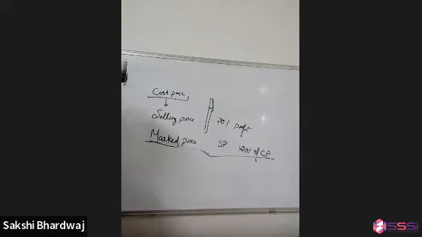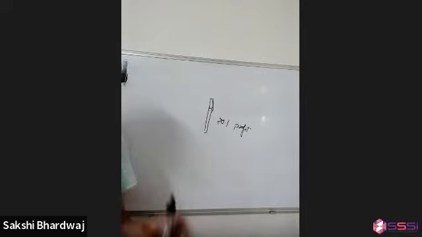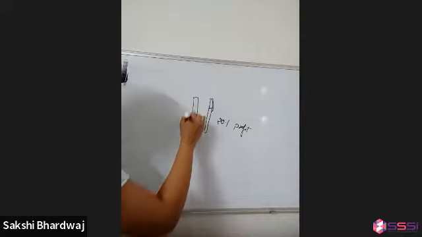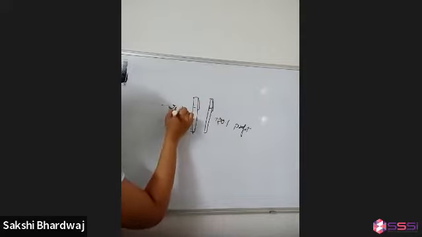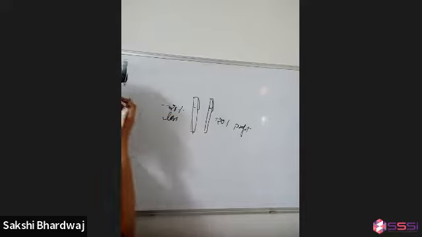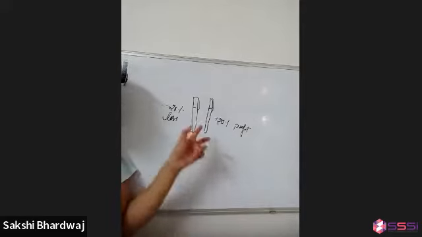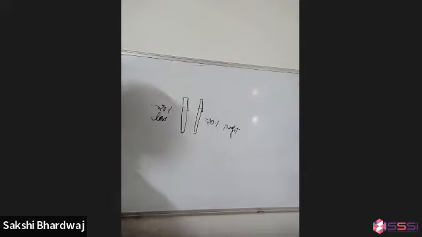What they are saying, if you are selling this marker at 20% profit and the same marker at 20% loss. You have two markers, one you are selling at 20% profit and the other at 20% loss. So the overall profit or loss. So the overall loss will be what?